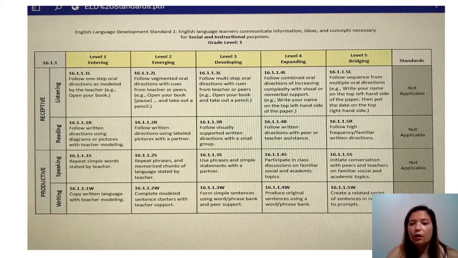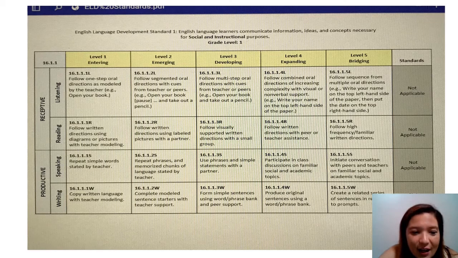But for this, I want you to look at this first part, which says receptive, and that is what the student can process and understand. So this is what they can understand from you.